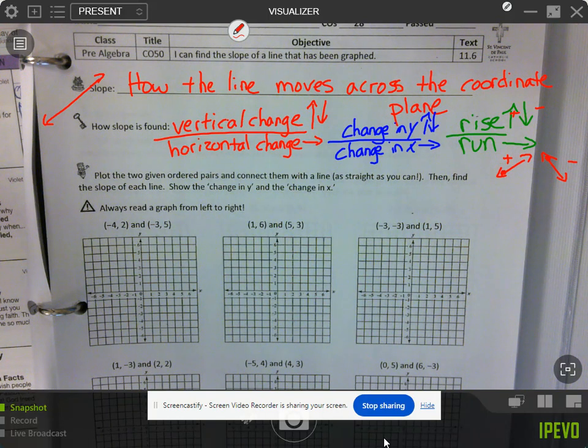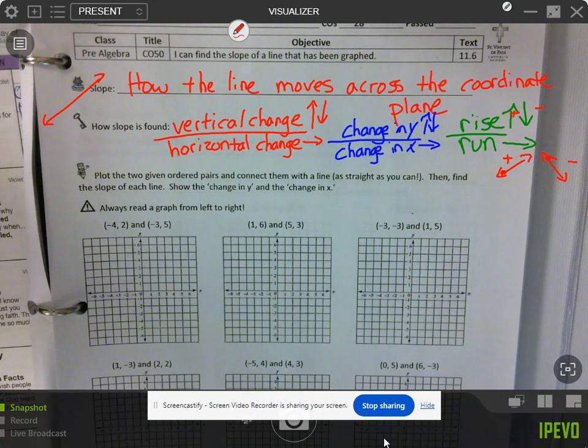You always have to simplify down as far as you can go. 8/4 you would simplify down to 2/1. You do have to put the 1 on the bottom because we need to know what that run is. So you always have to keep it as a fraction with a rise over a run. So you can't just write 2. It would have to be 2/1. We always have to have the run on there.